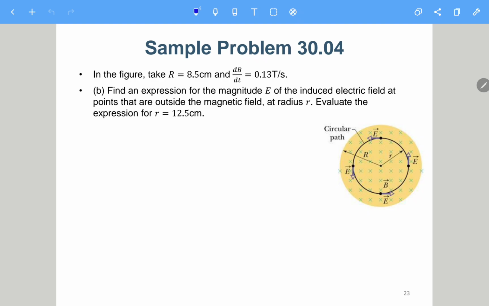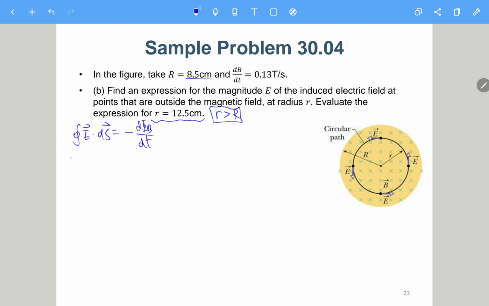Okay, so here we talk about r larger than capital R. This capital R is still 8.5 centimeter, and we would still like to find the expression of E. So here the integration of E dot ds equals negative dΦB/dt.